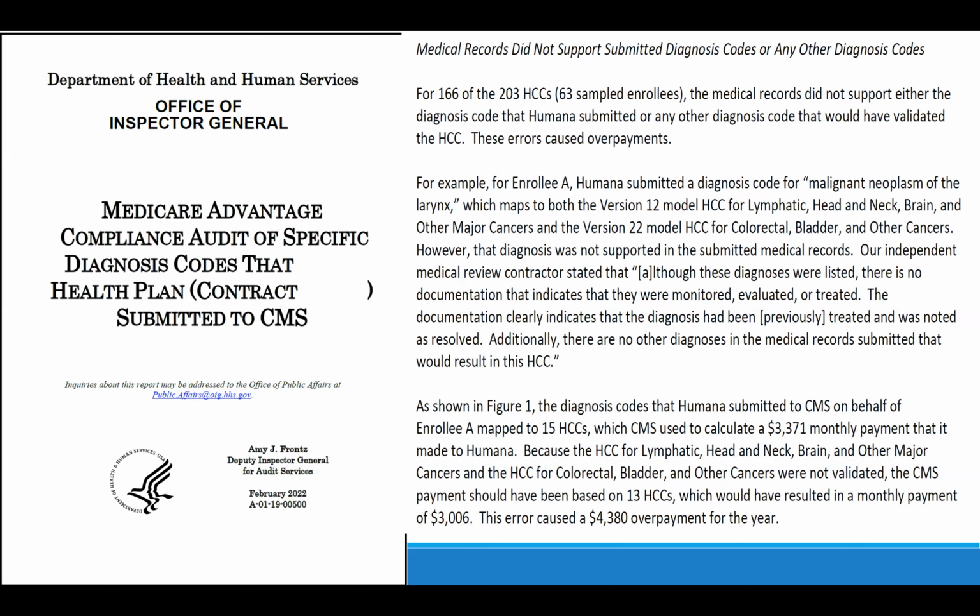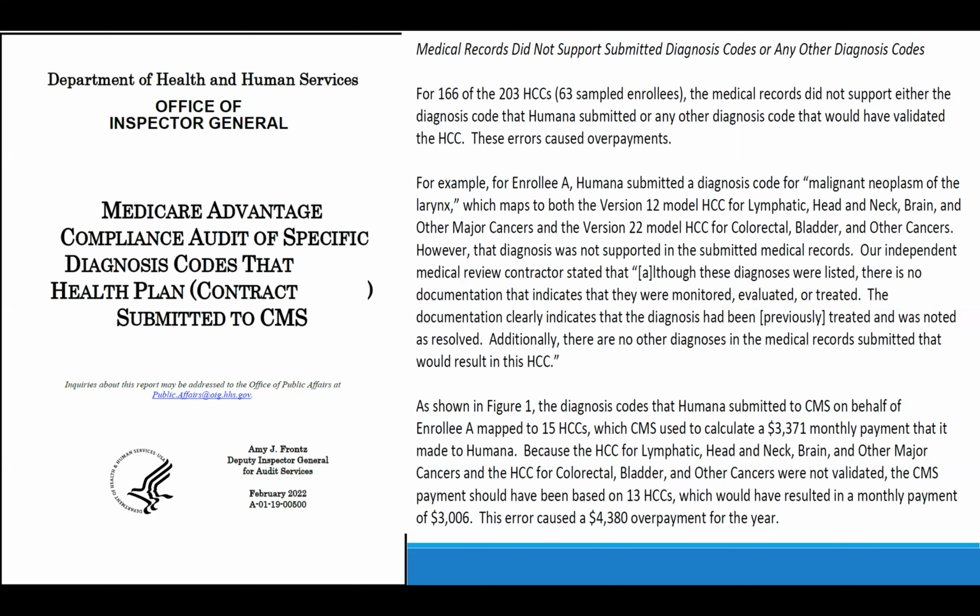So that people can understand the end result of their coding, and see, end to end, how their coding today can end up being identified as an error later down the road. That diagnosis was not supported in the medical records.